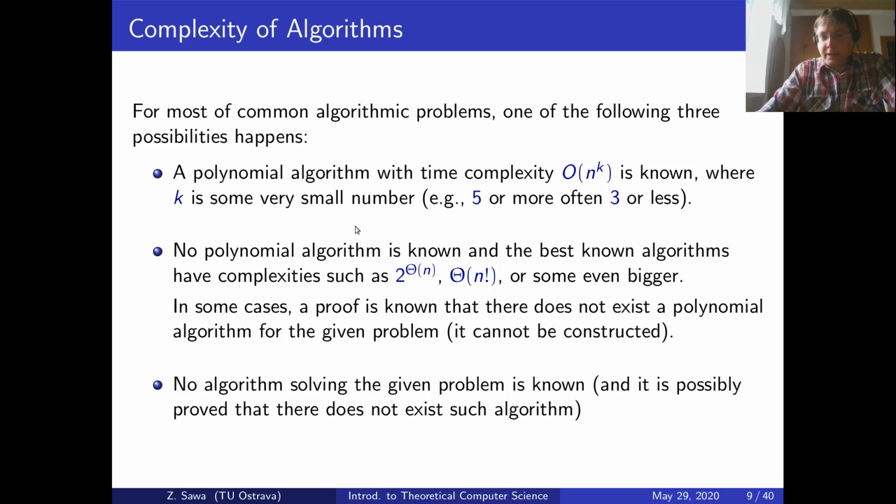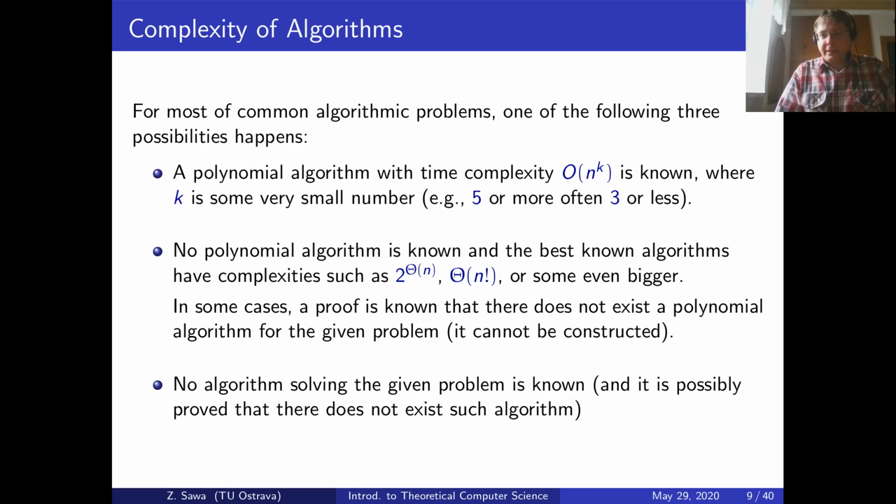Or the other possibility that could often happen is that there is no known polynomial time algorithm in the worst case. So every algorithm has, in the worst case, some exponential complexity, and in some cases we even have proofs that a polynomial time algorithm cannot exist.